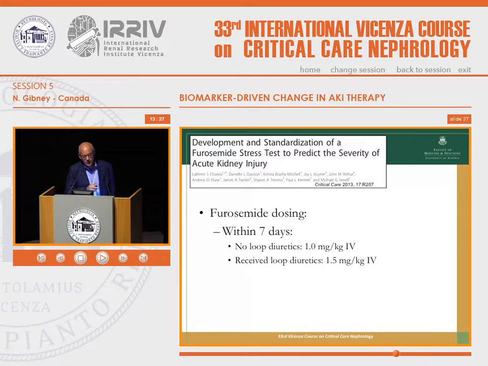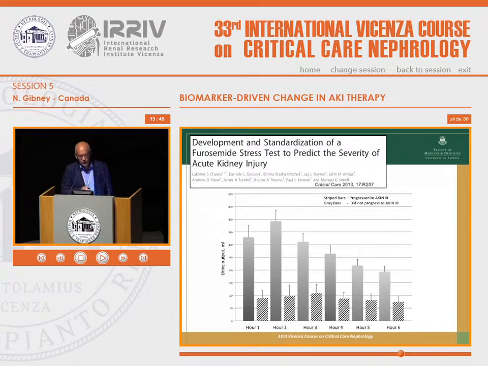This is a study by Lakshmi Chawla and his group looking at the furosemide stress test. If patients had had no furosemide within 7 days, they got 1 milligram per kilogram IV. If they had received loop diuretics, because previous loop diuretics tend to blunt response, they got 1.5 milligrams per kg. And what they found was that there was very good discrimination between those patients who actually had significant function and those patients who were not responsive.